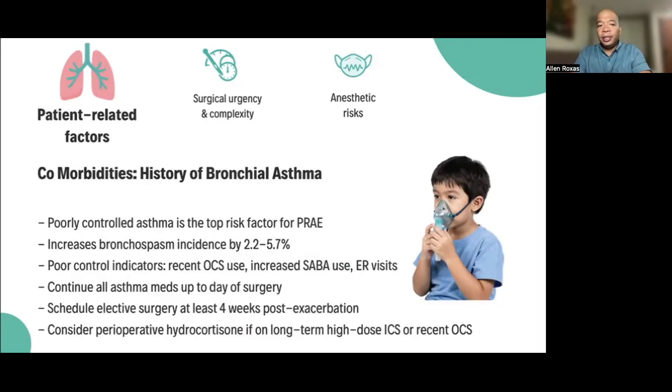Another factor would be the presence of a history of bronchial asthma. Poorly controlled asthma is one of the strongest predictors of perioperative respiratory complications. When assessing asthma, we should look for evidence of poor control. Has the patient required oral steroids recently? Has there been increased use of rescue medications? Have there been recent emergency room visits or exacerbations?